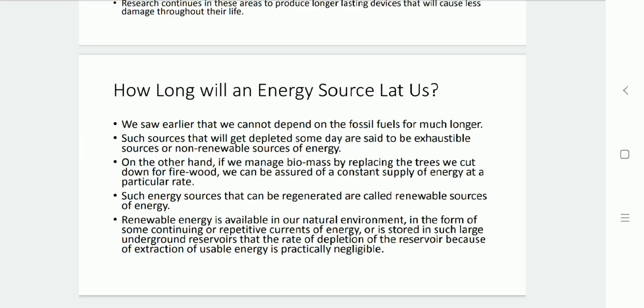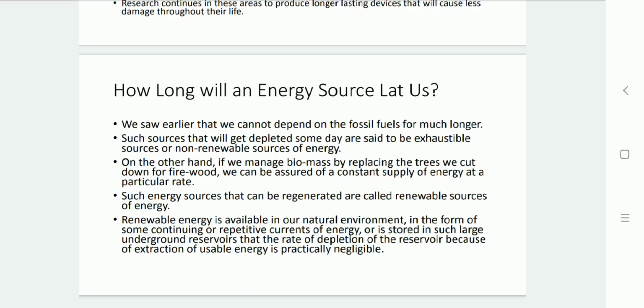On the other hand, we can utilize biomass, but for that we need to plant more trees so that more wood is available for fire and for biomass. Only then can we utilize biomass.